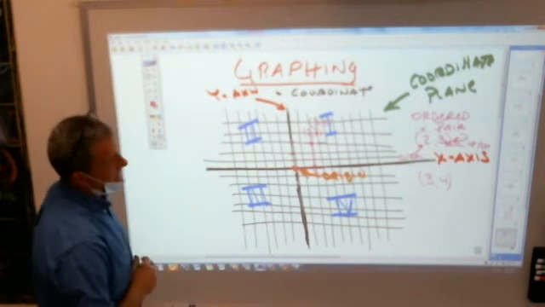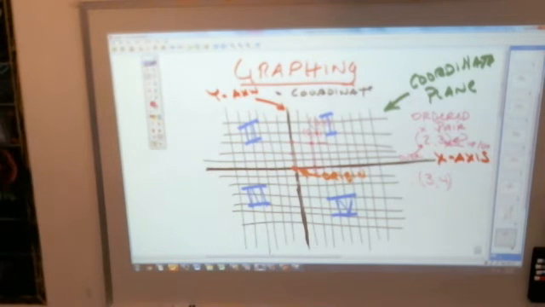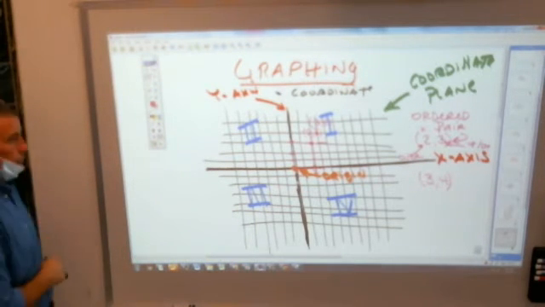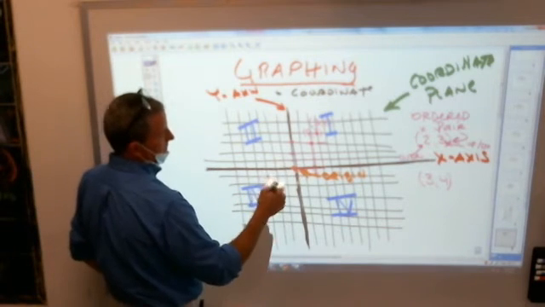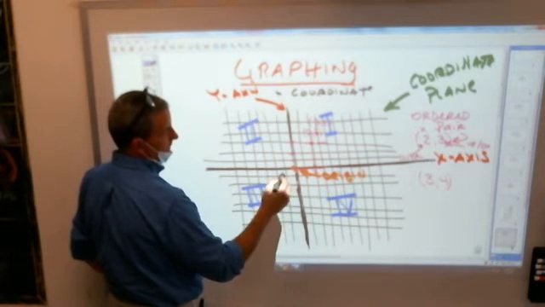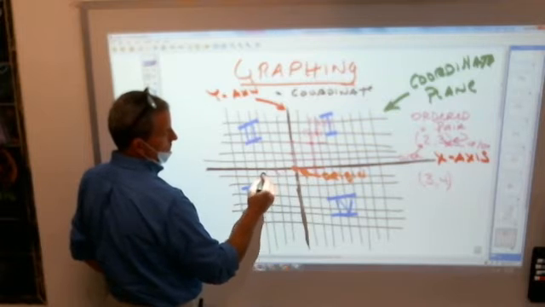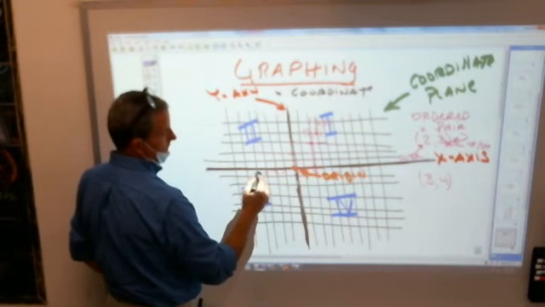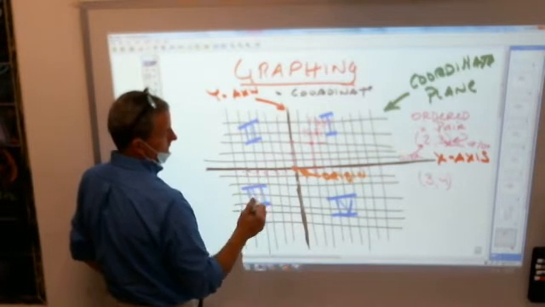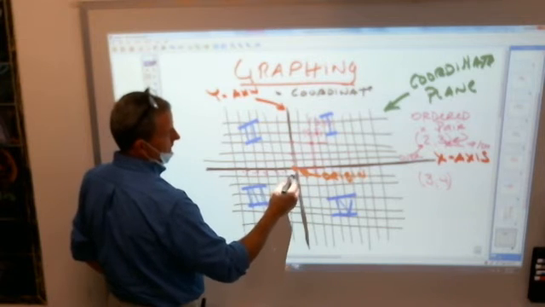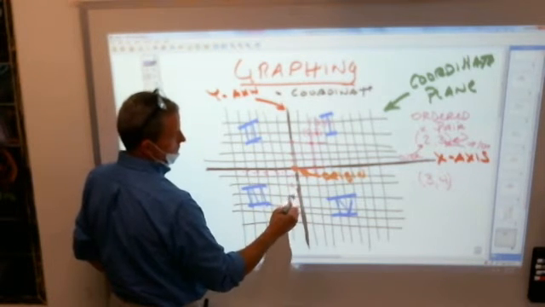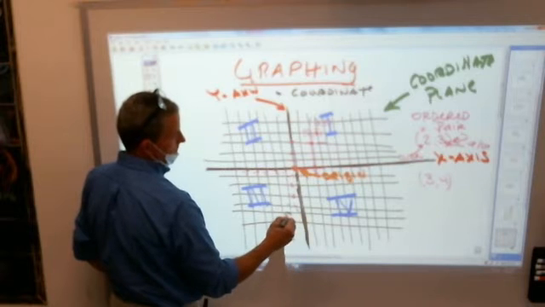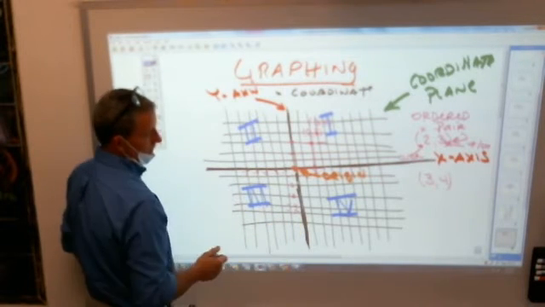Now, because you're in 7th grade now, ladies and gentlemen, you get to work with negative numbers. On the x-axis, the negative numbers come on this side. Here's negative 1, negative 2, negative 3, negative 4, negative 5. And then going down are the negative numbers on the y-axis: negative 1, negative 2, negative 3, negative 4, negative 5.